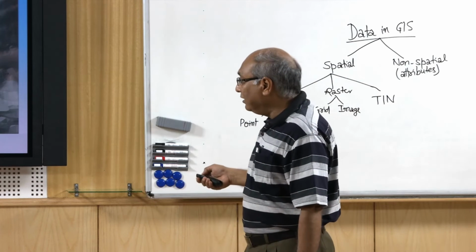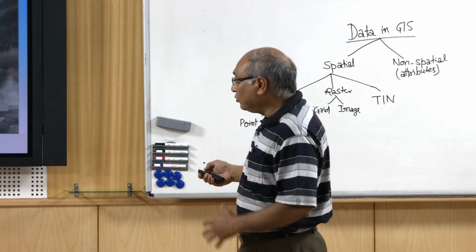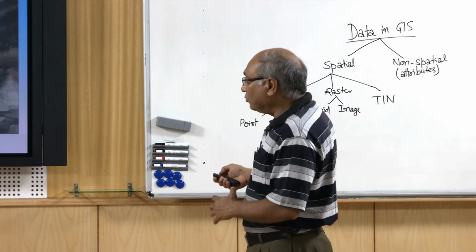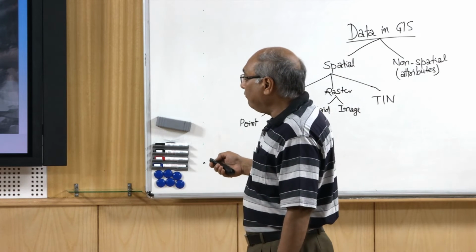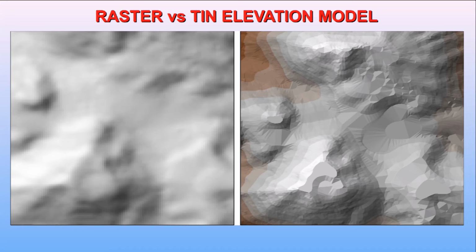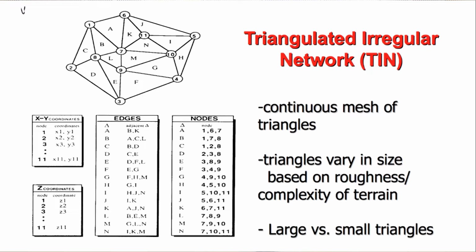So in TIN, these are created automatically. The TIN model looks better, but as I have mentioned, although in this particular example the edge problem is not shown, in a real situation the edge problem will always be there. At the boundary you are having problems with the data.